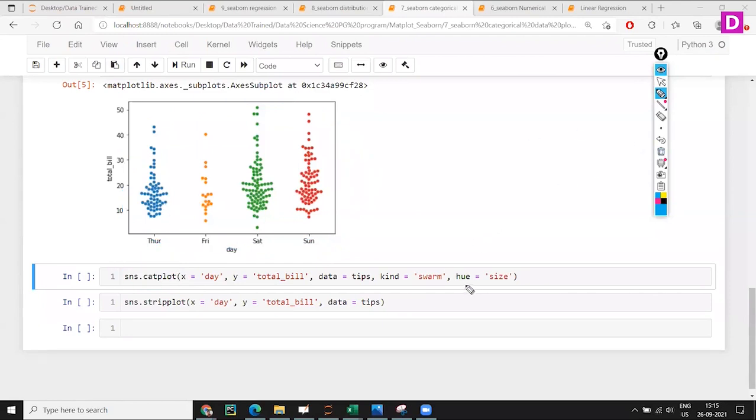At the same time, I'm using a hue parameter. We know what hue does. Based on the size, for different sizes it is going to give different colors. In the cat plot, I'm using kind swarm. Let's execute this.